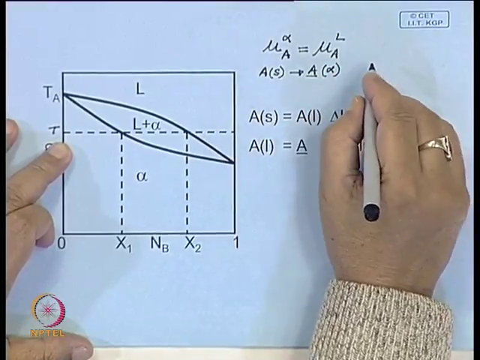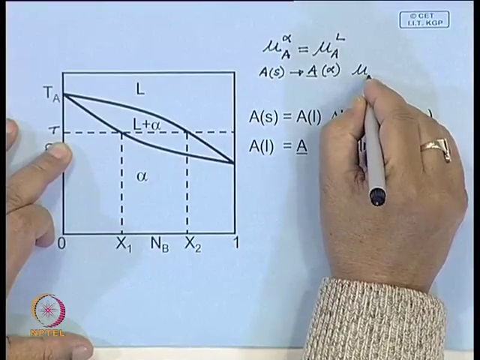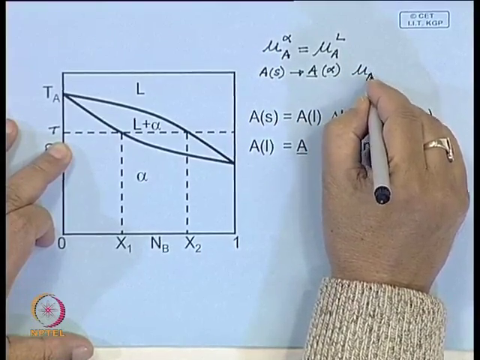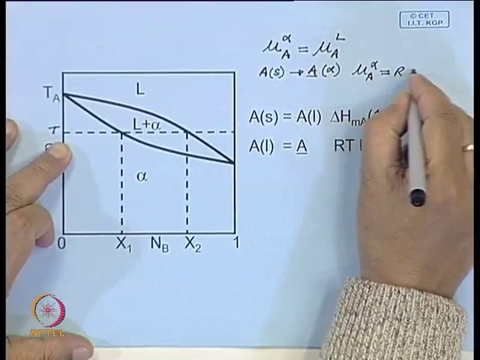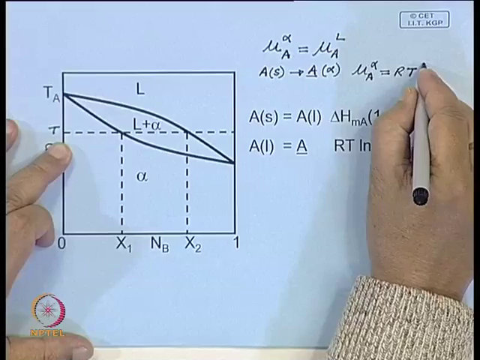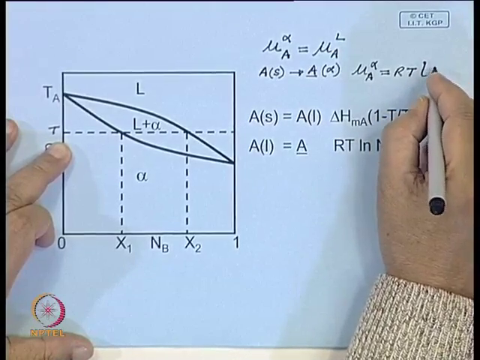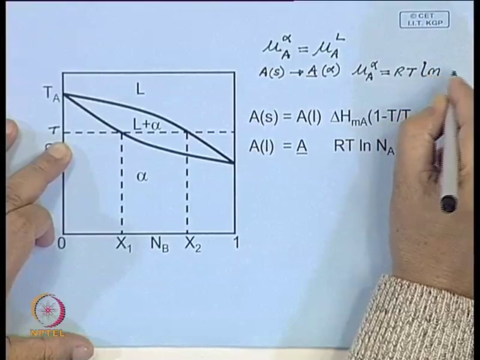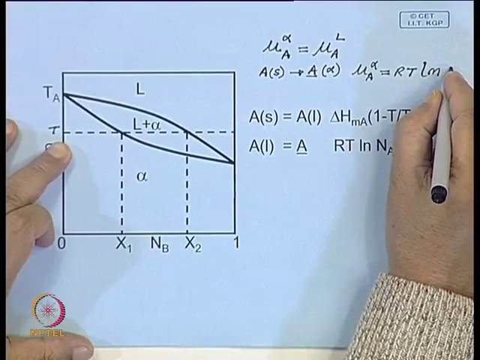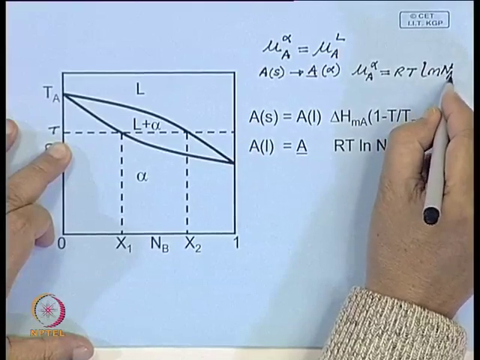So, you can easily say that the chemical potential of A in alpha equals the partial molar free energy of mixing of A in alpha, RT ln activity, or mole fraction of A.